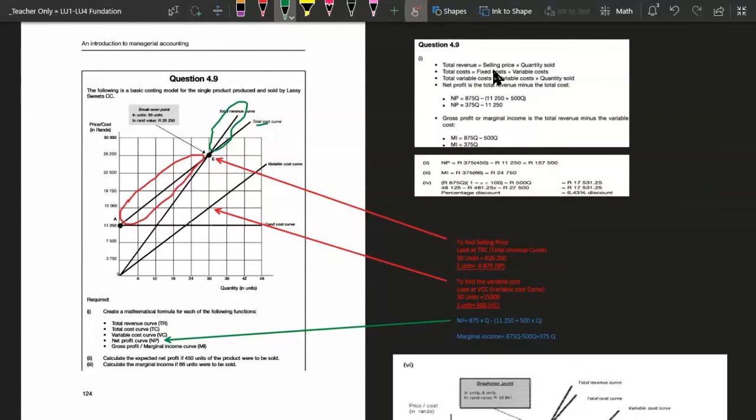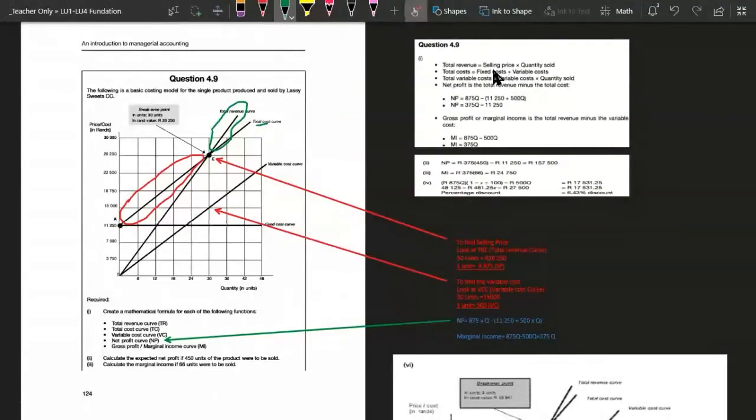We take the selling price, multiply by the quantity sold. That's how we get the total revenue, right? A chair costs 10 rand. You produce 100 chairs. 100 times 10 equals 1,000 rand revenue.